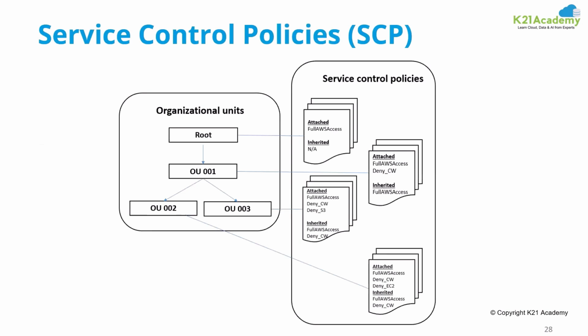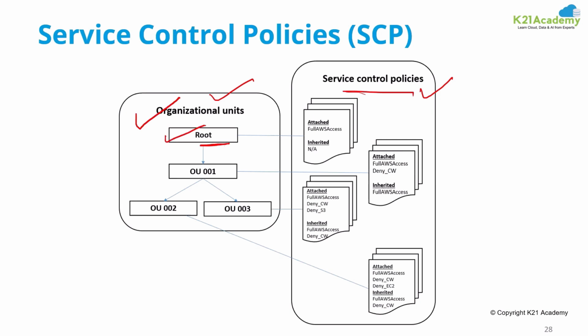This is the structure where you can see the organizational units where you have SCPs attached. SCPs are nothing but guardrails. They define the maximum permissions an AWS account can have, even if an IAM policy says otherwise. You can see organizational units where root is the top-level container.